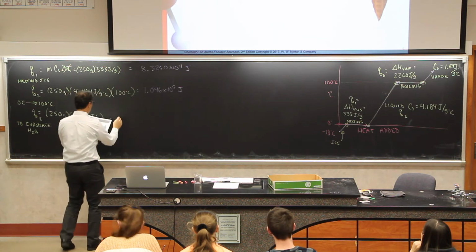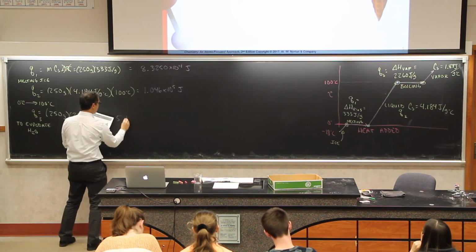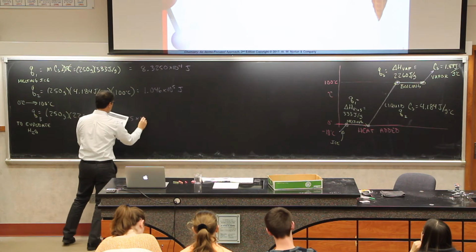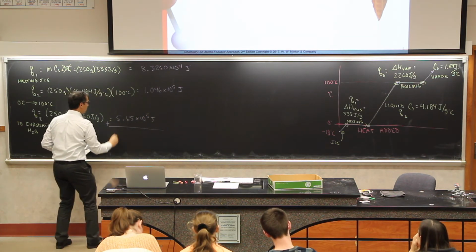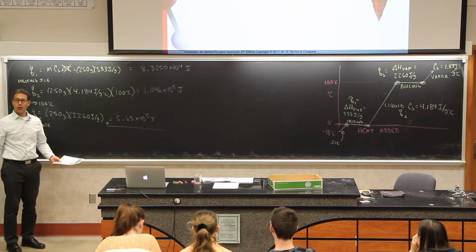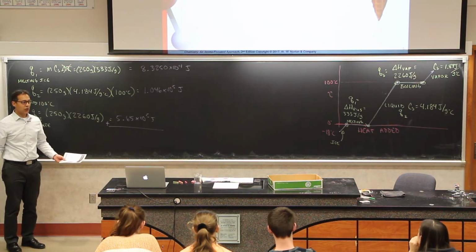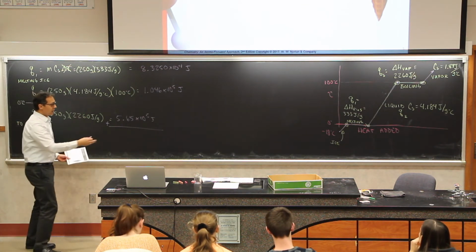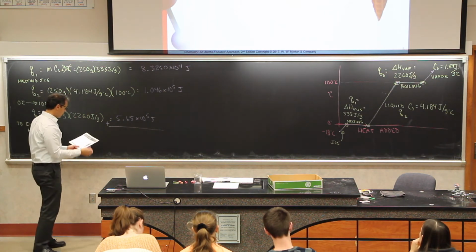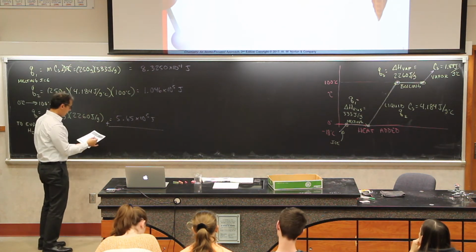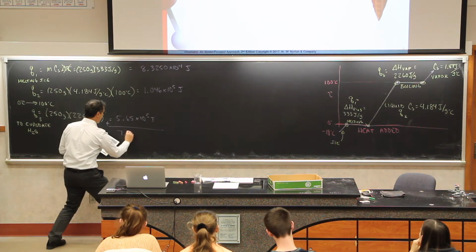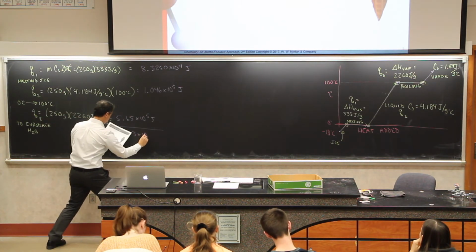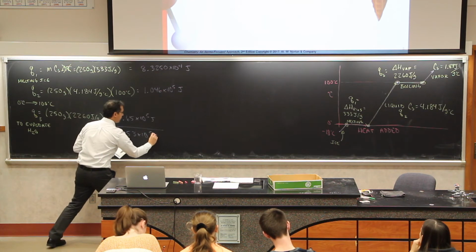And down here, I've got 5.65 times 10 to the fifth joules. And if I add all of these together, that should be the total amount of energy it takes to melt this ice cream and turn it into steam. And I ended up with 7.53 times 10 to the fifth joules.